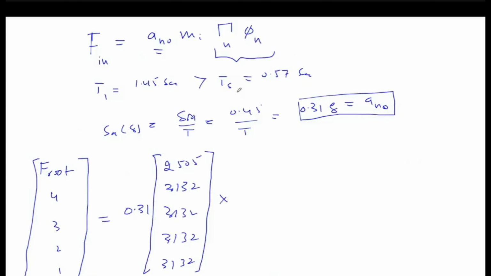Okay, and this is multiplied with the participation function. So we can put that here, which is 1.324, 1.168, 0.911, 0.663, and 0.379.